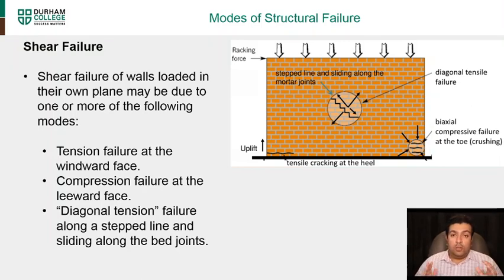So you're pushing the wall this way, so it's uplifting, and you have tension failure here, and because you're pushing the wall down that way, there's compression failure on the other side. Then the most common is the diagonal tension failure along the step line or sliding along the bed joints. So you'll see there is always a diagonal tension failure along those bed joints.